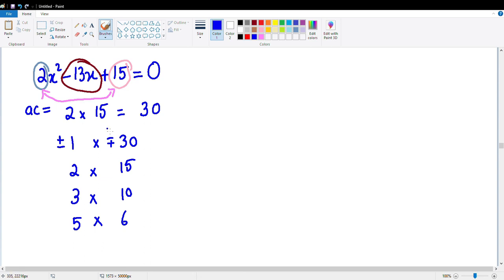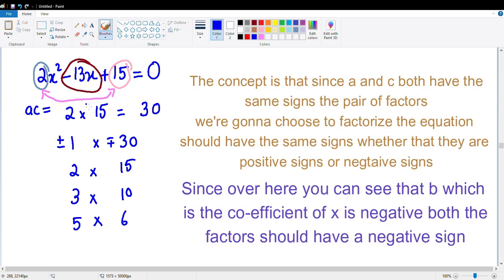You can see that this has to be negative, so both of them can be negative or both of them can be positive. So let me draw plus and plus, minus and minus.